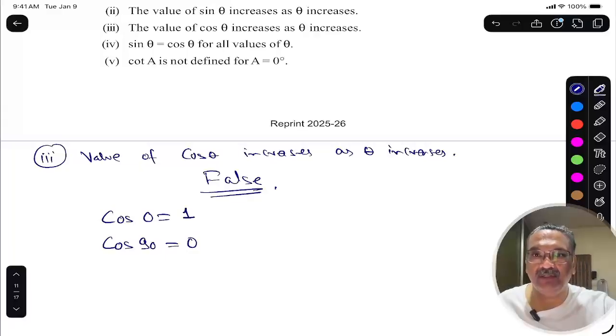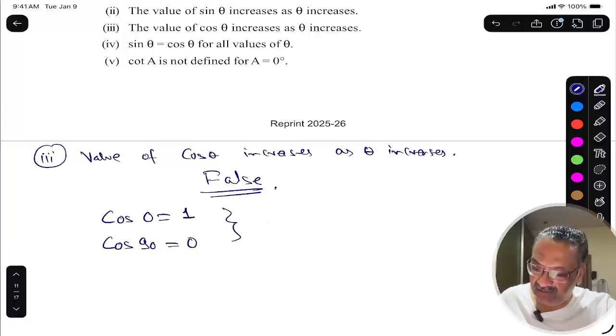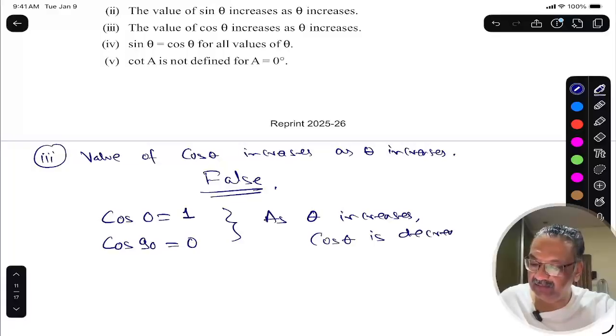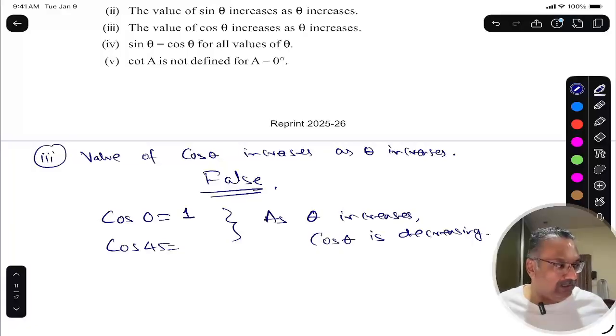Okay, so here we can show that as theta increases, cos theta is decreasing. To prove it further, you can also take down the value of cos 45 and then you can take another value of cos 90.